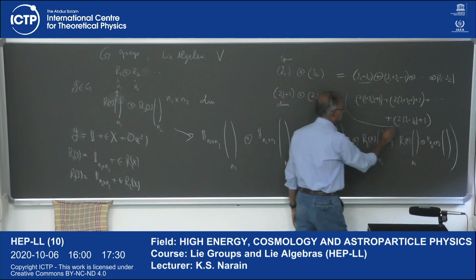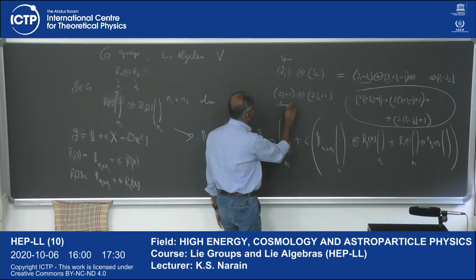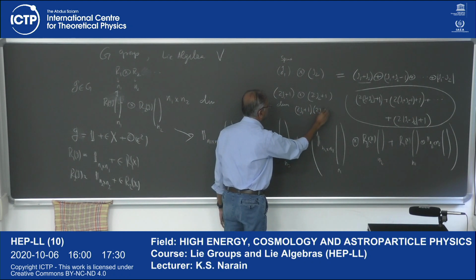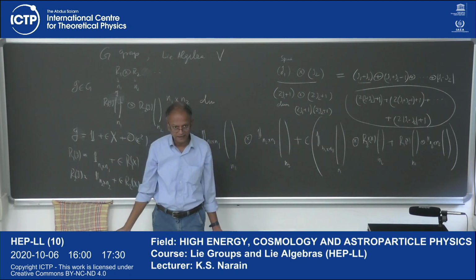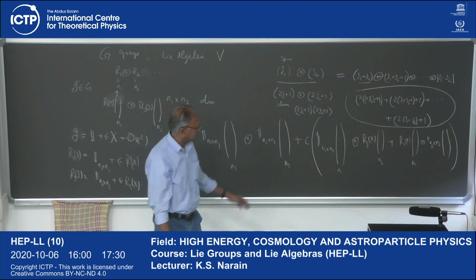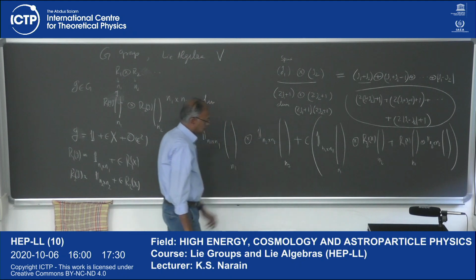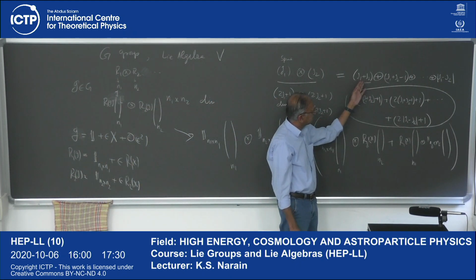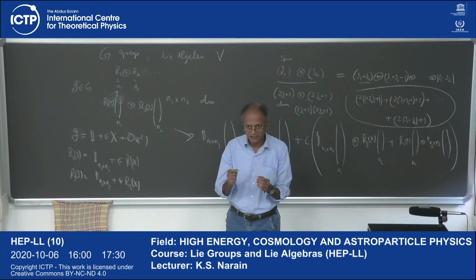If you sum it up, do you get that? The total dimension is simply (2J1 plus 1) times (2J2 plus 1) on the left hand side. So the right hand side also had better match. So this is one check. You could check that. But of course, this is just a check. To really see it, you should look at all the T3 quantum numbers that you get.